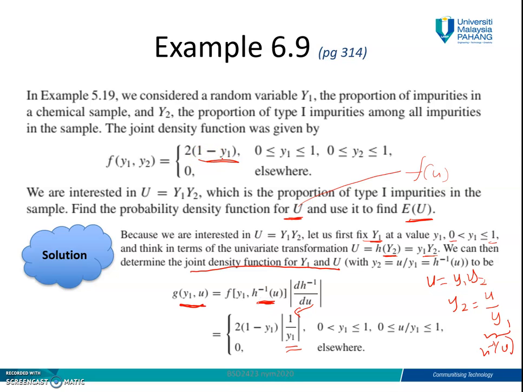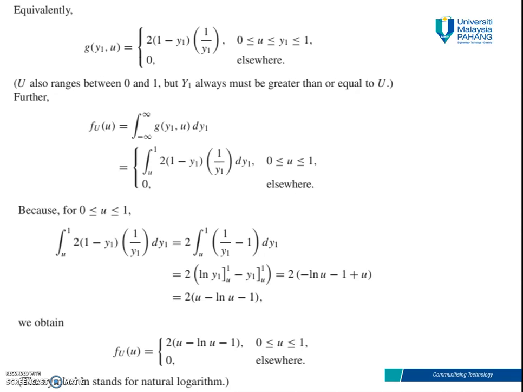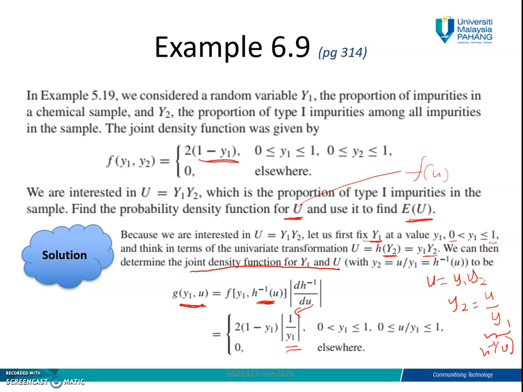What is your y1? You will get this: 2 times (1 minus y1), and 0 elsewhere. When you simplify all this, remember that y1 is fixed from 0 until 1, but here you have u as well.